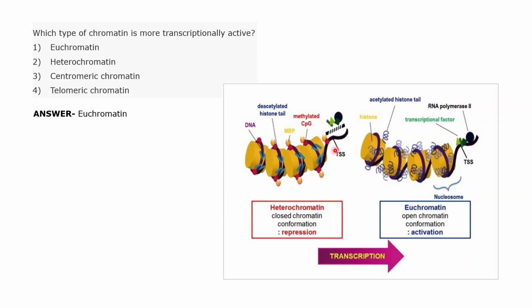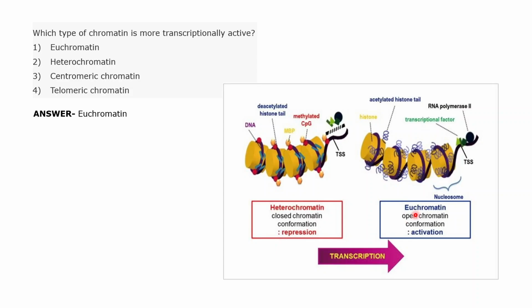So that's the basic difference: euchromatin is more transcriptionally active, while heterochromatin is repressed. In heterochromatin, the DNA is in a close conformation because the histone is deacetylated and the CpG islands are methylated, along with other factors, and hence the DNA is repressed from getting transcribed.